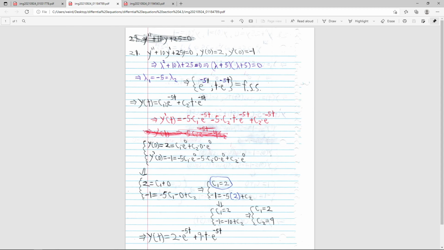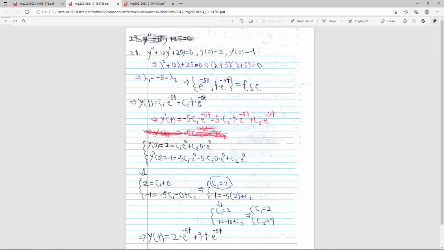So we take the derivative of this. Again, negative 5 because it drops down, so we have that to the left. Then we have the product rule, because t is a function and e to the negative 5t is a function, so they're not constant. c2 is constant, so it's multiplied against whatever it is.